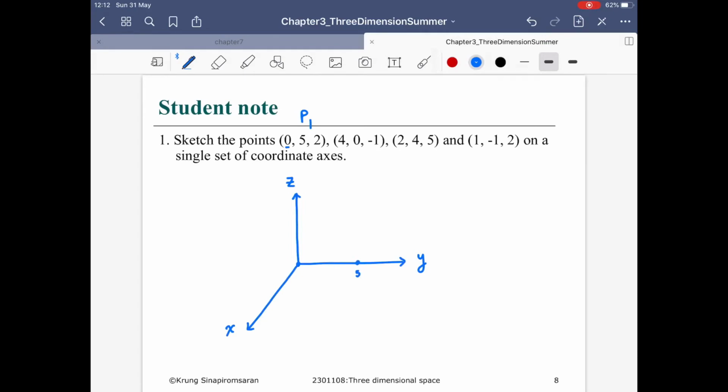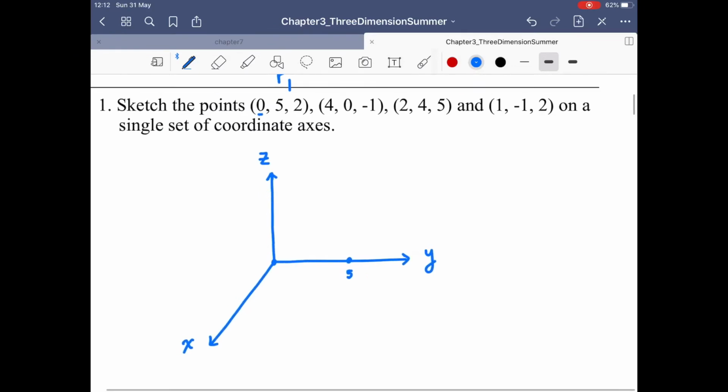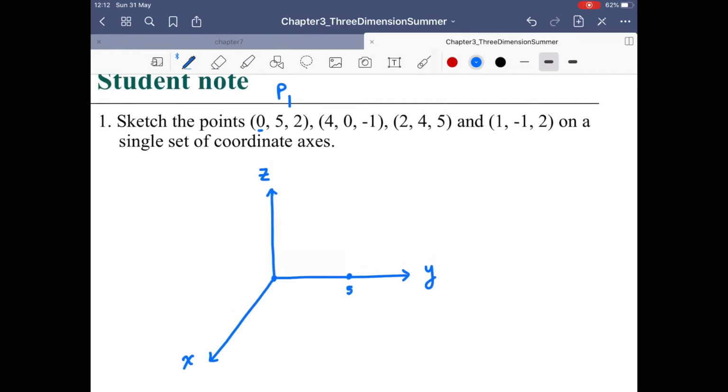Okay, so this is the place for 0, 5, and then it is elevated up by 2 units. Okay, so here is 2, so this is your P1, which is 0, 5, 2.